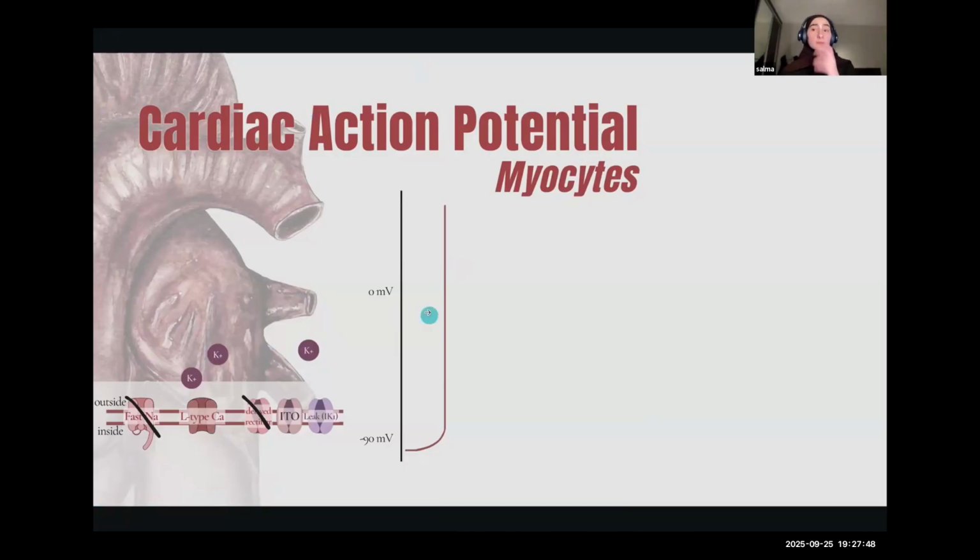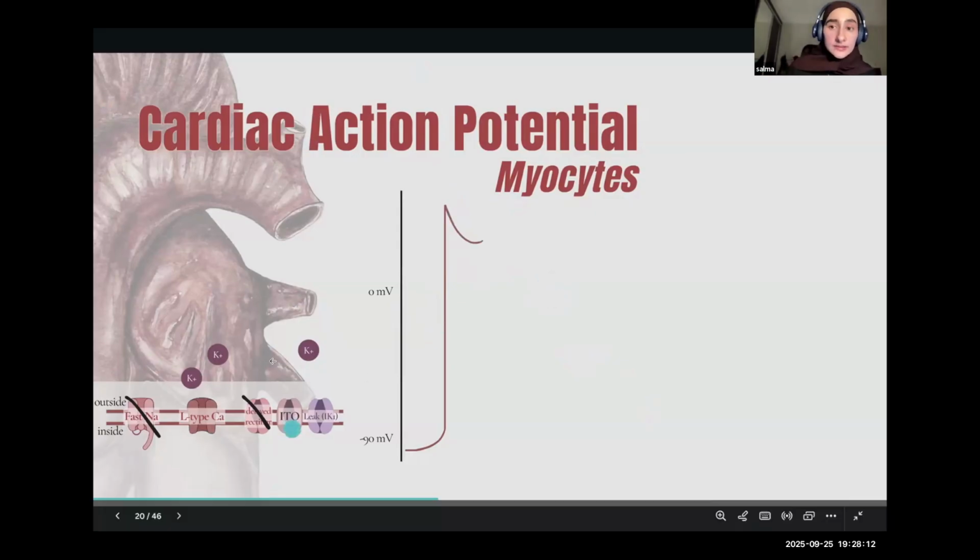This is going to cause the cell to become more negative. So is it going to go up or down? Down. And is this called depolarization or repolarization? Repolarization. We don't call this hyperpolarization just yet. Hyperpolarization is when it goes below resting. Okay, this is just called repolarization.